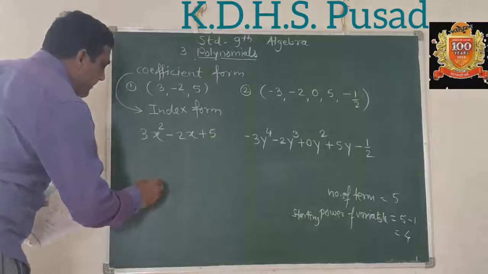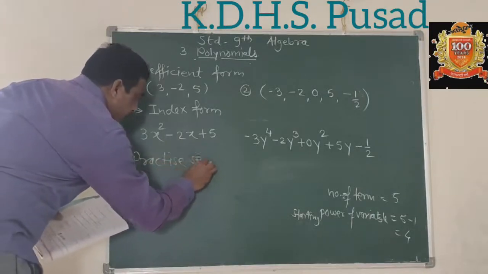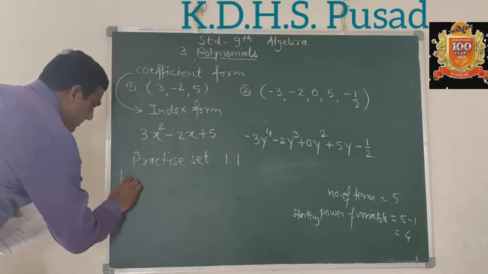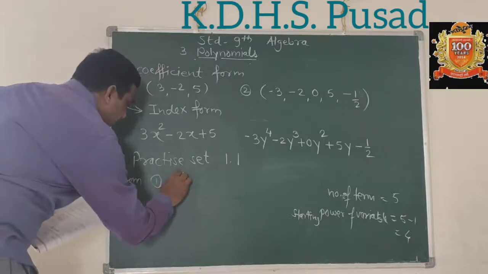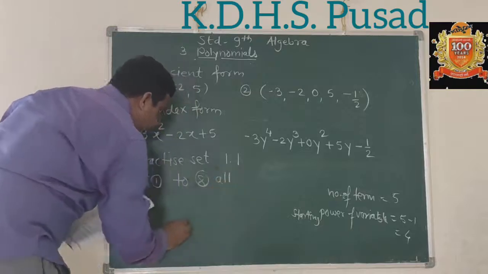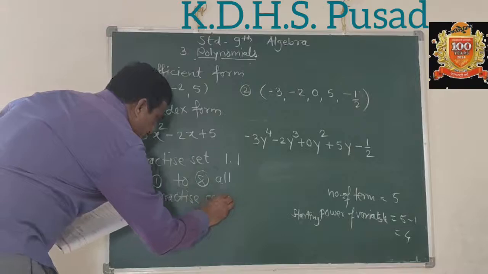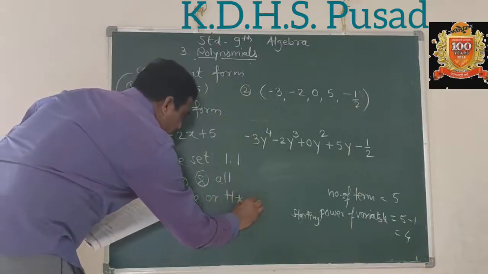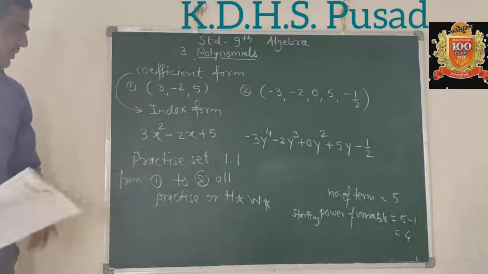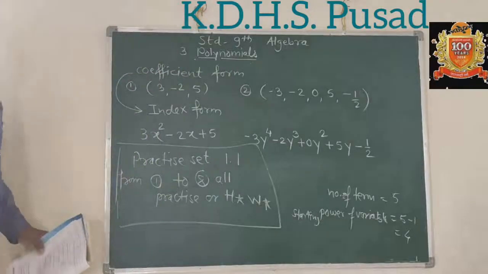Up to question 8. Practice set 1.1, from question number 1 to 8, for practice or homework.